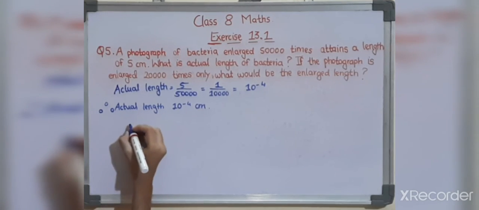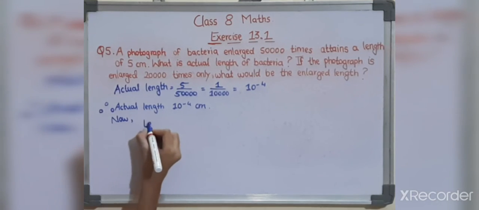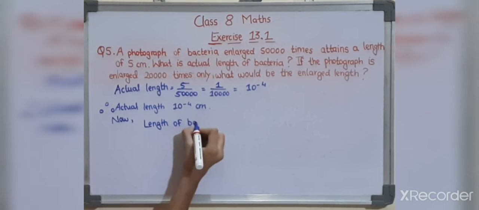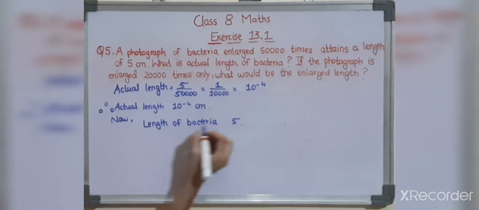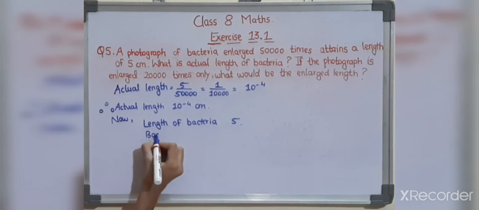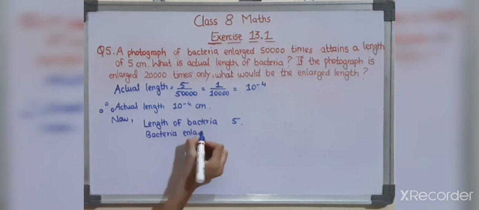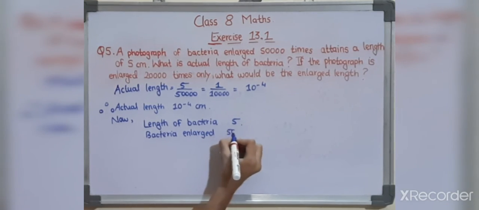So here now length of bacteria is 5 centimeter, and bacteria when enlarged becomes 50,000.